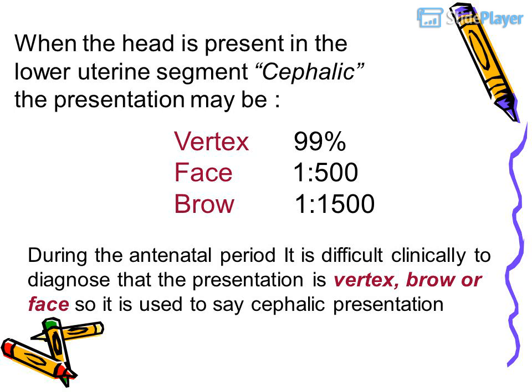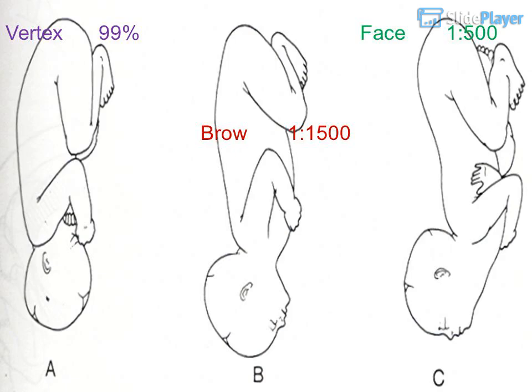The presentation may be vertex 99%, face 1 in 500, brow 1 in 1500. During the antenatal period, it is difficult clinically to diagnose whether the presentation is vertex, brow or face, so it is usual to say cephalic presentation.